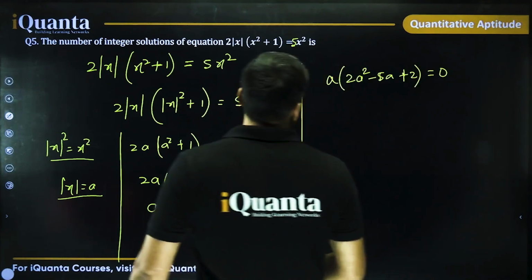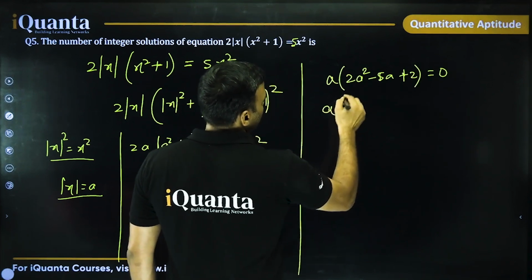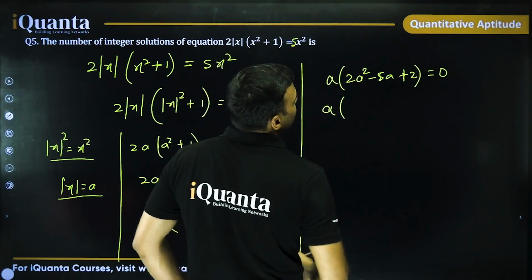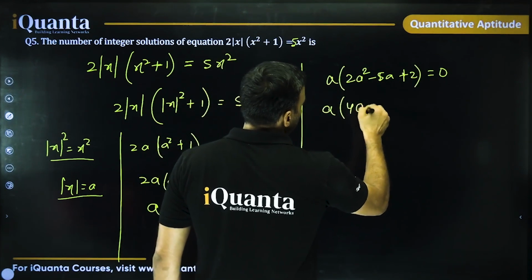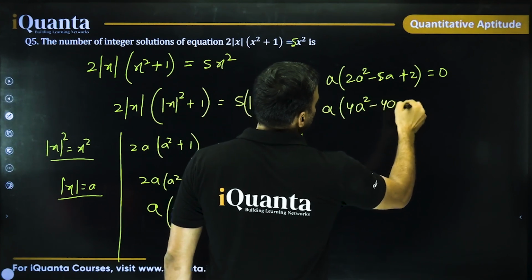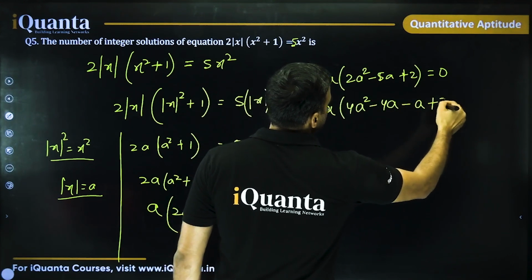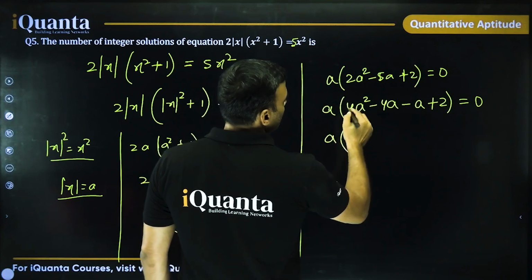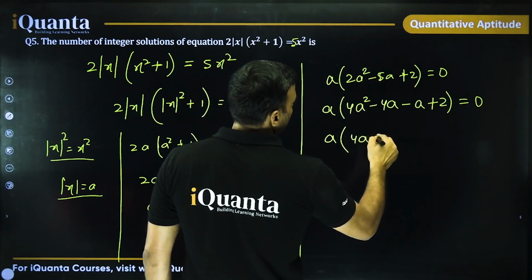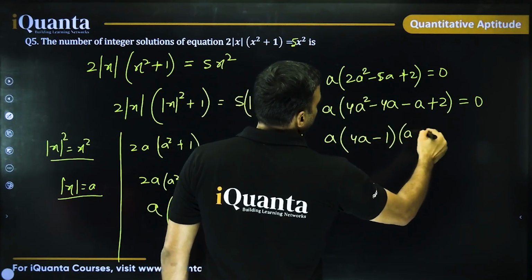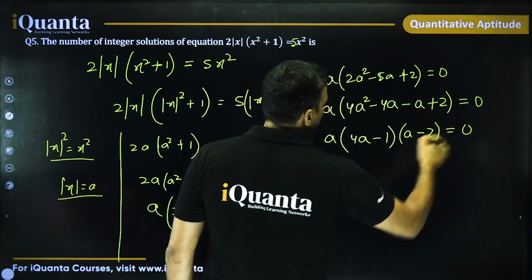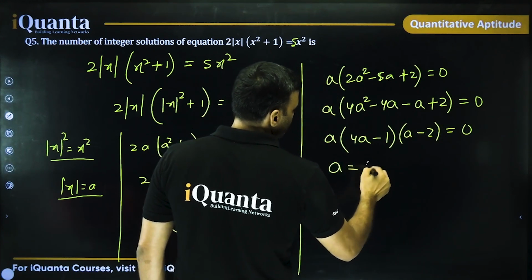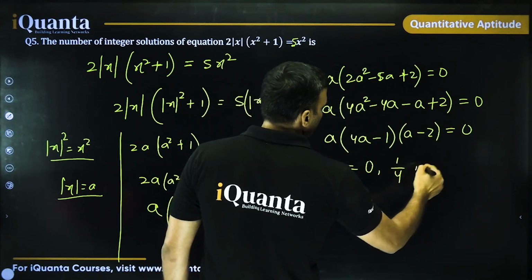Now factorize it: 2 2s are 4, 4a square minus 4a minus a plus 2 is equal to 0. So we have a common, 4a minus 1 into a minus 2 equal to 0. So the values of a will be 0, 1 by 4 or 2.